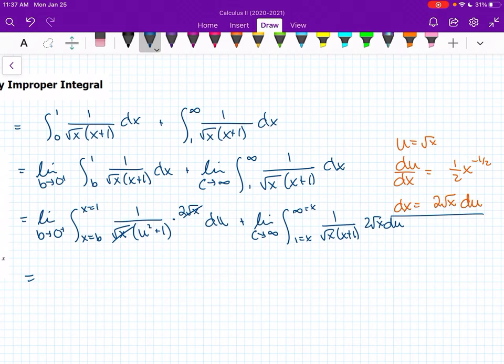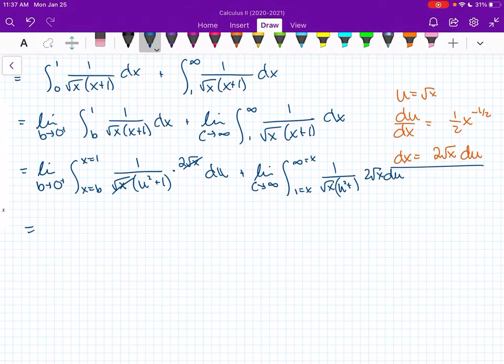And then I can see that 1 over u squared plus 1 is actually a formula for arctan. So that's where this u substitution comes in helpful, because it allows me to see that I actually have an arctan antiderivative here. So I have 2 times arctan.